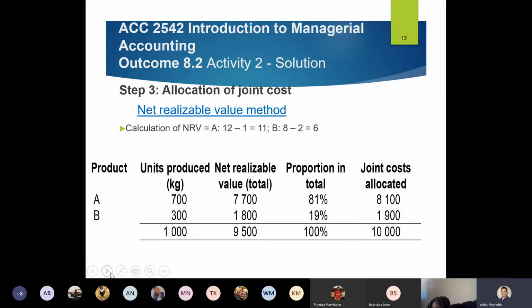For B, it's 8 Rand per unit, less 2 Rand further processing cost. So it's 6. Again, you produce the same number of units. Net realizable value is 7,700 for A, and B is 1. So it's even more biased towards A now with using this method. It's 81 to 19. And then these are the joint costs that's allocated based on that.